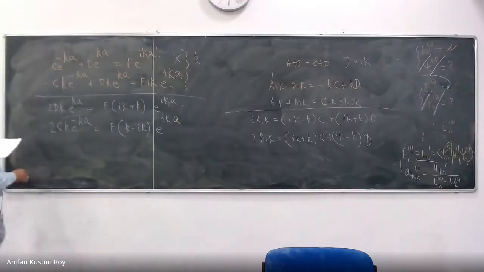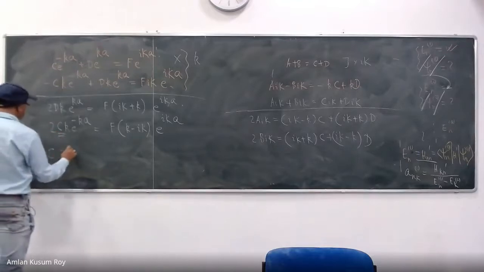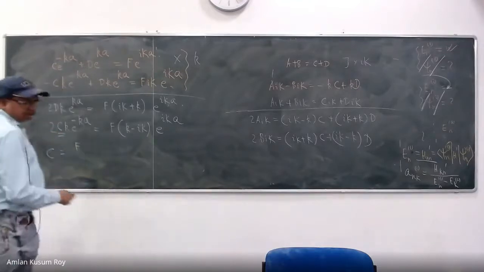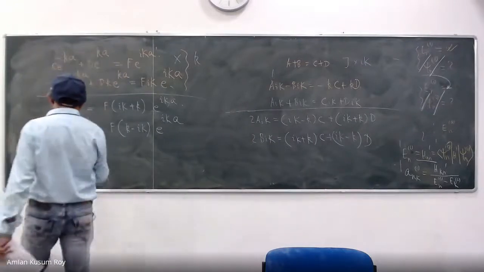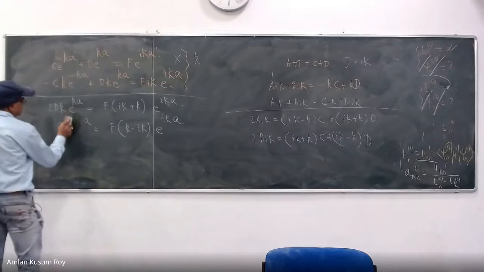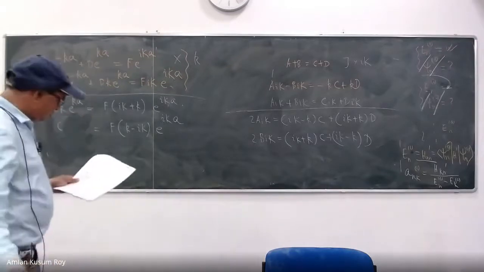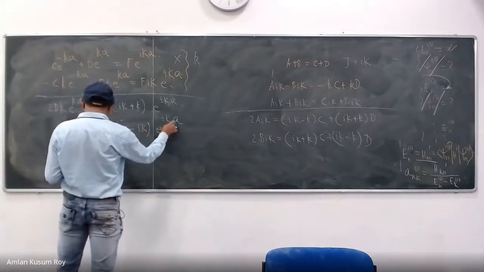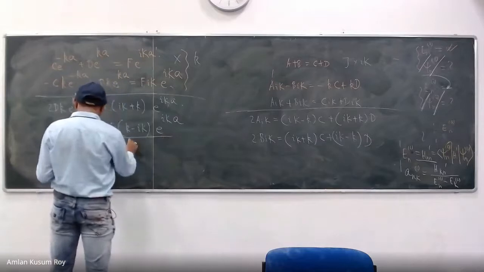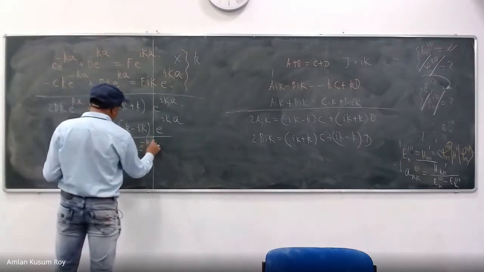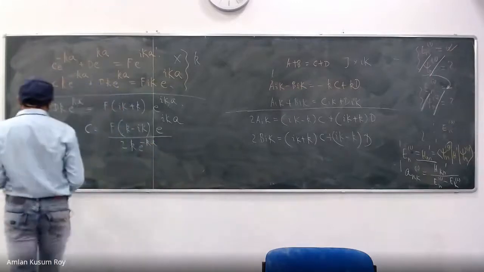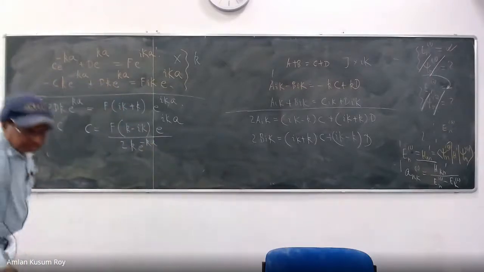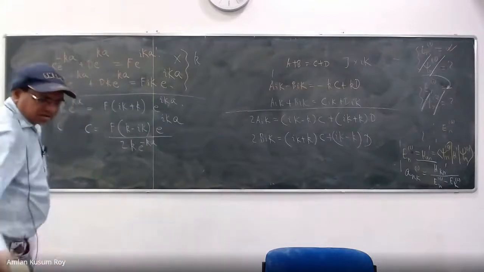Okay, so therefrom you can write C. C is equal to F into kappa minus ik into e to the power ika over twice kappa e to the power minus kappa A. And similarly, let us write D separately.